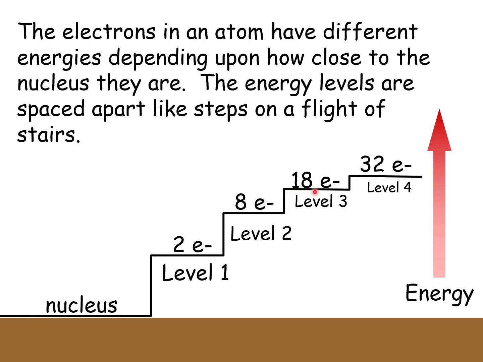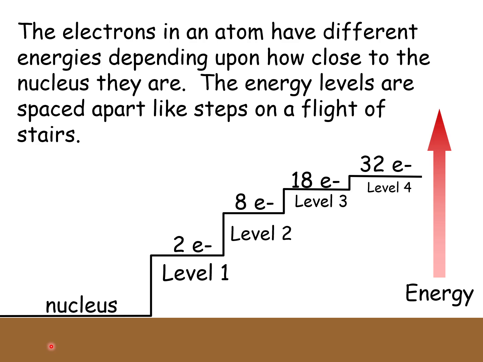So energy level 3 can hold a maximum of 18. And then another even smaller step for level 4, that holds a maximum of 32. Now don't get too hung up on these numbers because, again, it's just for the Bohr model. Bohr model only works perfectly for hydrogen atoms, and then it breaks down by the time you get to calcium.